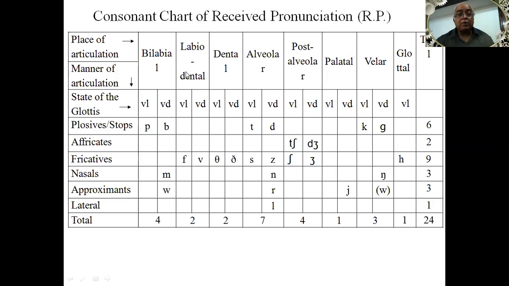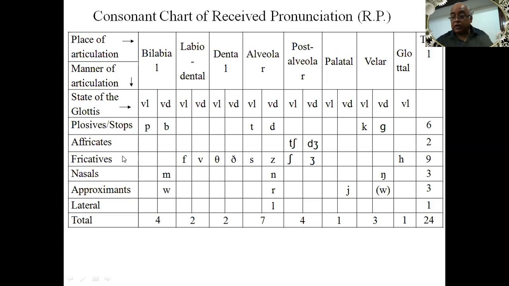It is labiodental. Labio is of the lips, dental is the teeth. So upper teeth and the lower lip. F, f, f. Lower lip and the upper teeth, that's the place of articulation. And the third criterion is that it's a fricative.